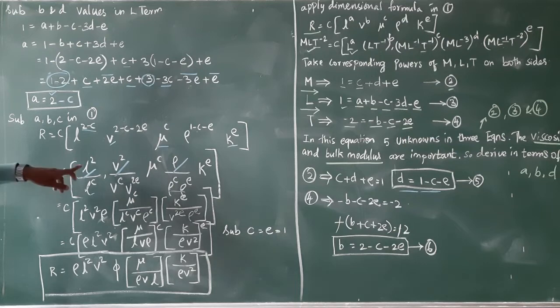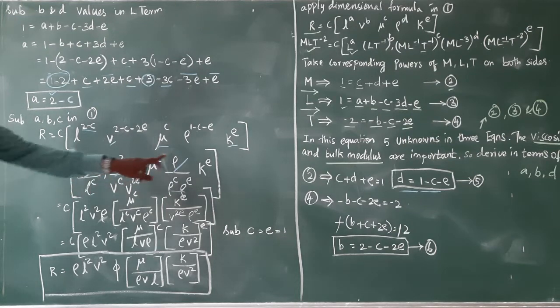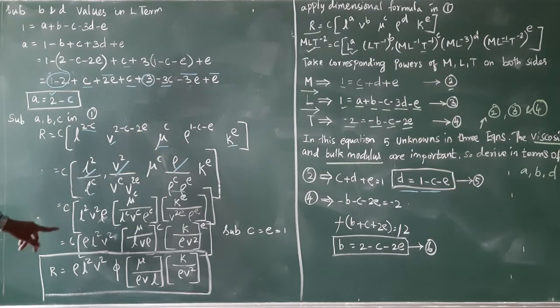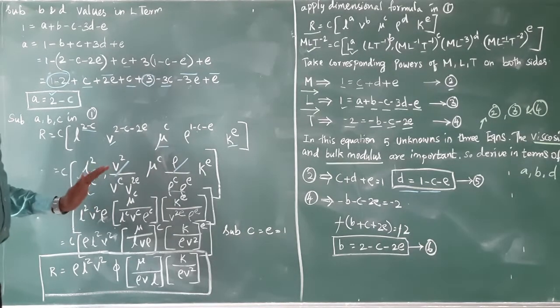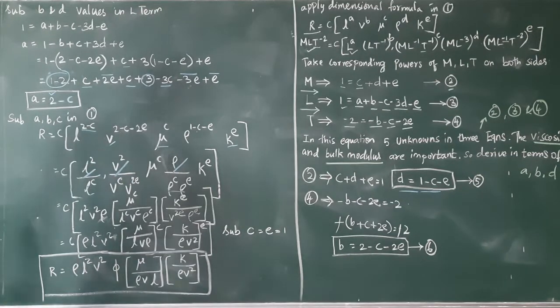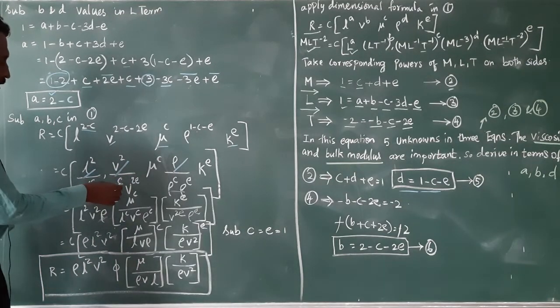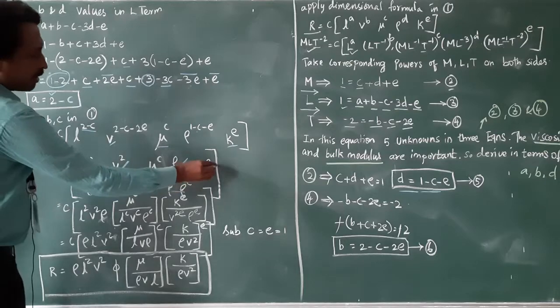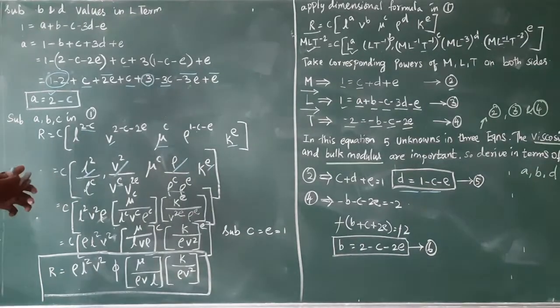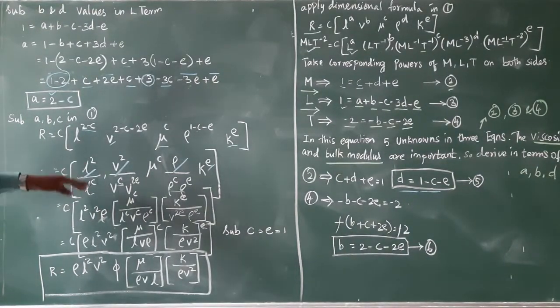So I am taking L square, V square, rho outside. Then I am combining the powers of C and E. We have only the powers of C and E, so I am grouping the powers of C and E.